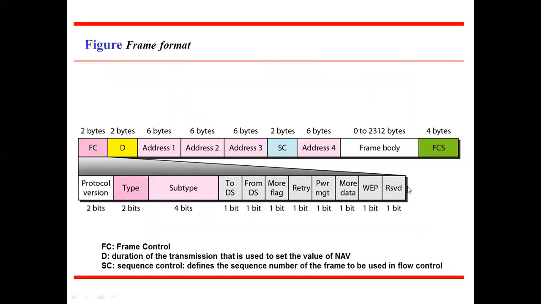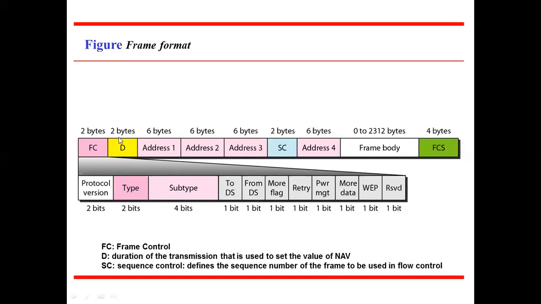Now when I'm talking about the frame format, what is the frame format of any MAC layer frame? First is FC, frame control information, which includes 2 bytes. Then D, related to the duration of the transmission, another 2 bytes.